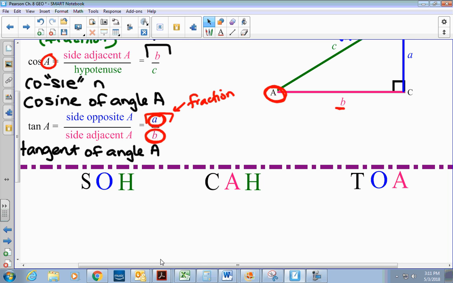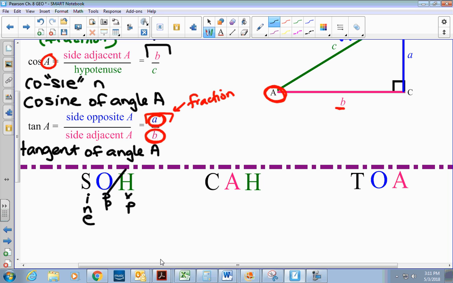Okay, so you guys, let me tell you, we use SOH CAH TOA as a memory tool. SOH stands for sine equals opposite over hypotenuse.